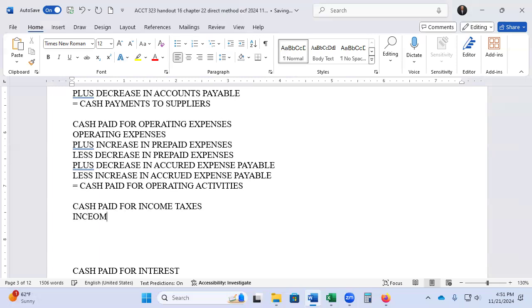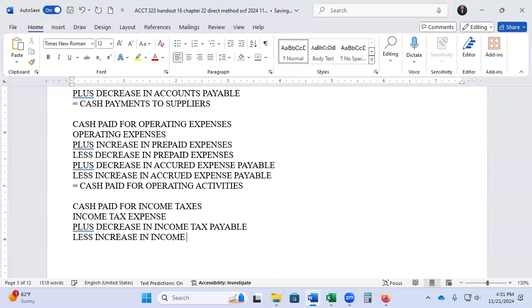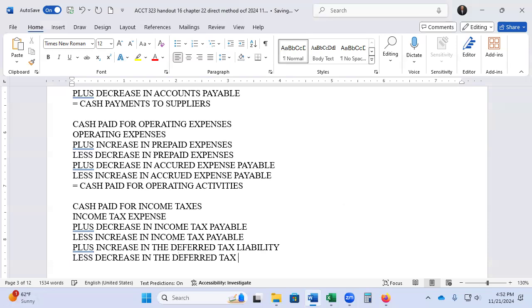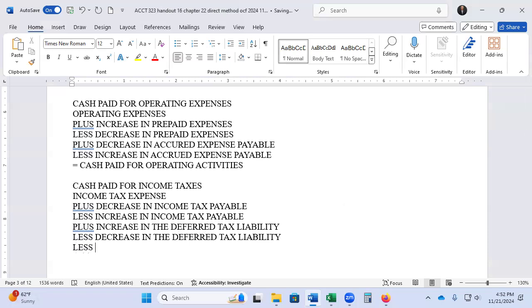Cash paid for income taxes: take your income tax expense, plus the decrease in income tax payable, less an increase in income tax payable, plus an increase in the deferred tax liability, less a decrease in the deferred tax liability, less a decrease in deferred tax asset.